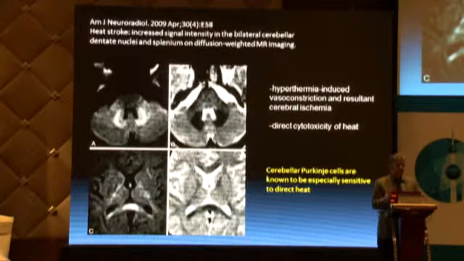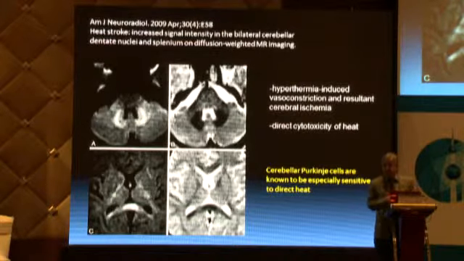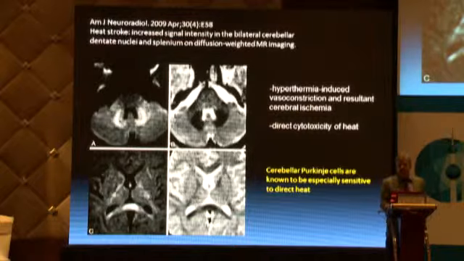Now there's a differential diagnosis for this, which is very relevant to Kuwait. I couldn't find a specific case, but the same pattern can happen in hyperthermia. You guys often have very hot temperatures in the desert, 50, 58 degrees, I'm told, sometimes 60 degrees.